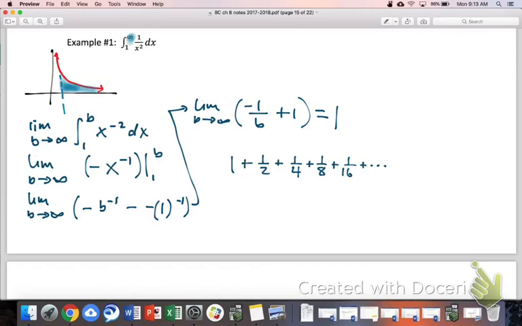So you think about each time, are we getting closer and closer to a value?